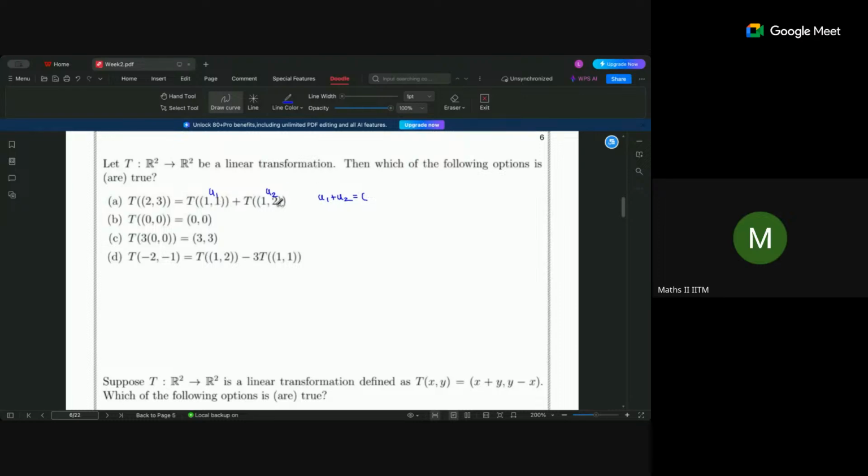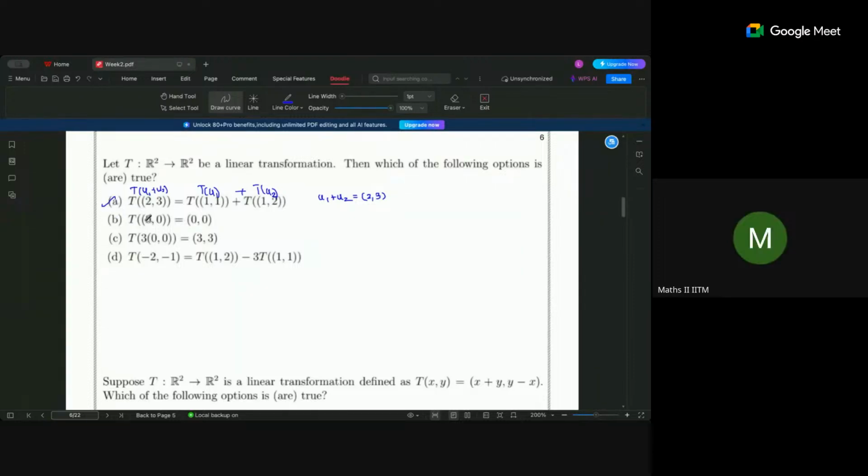It is 2 and 3. So this is T of u1 plus u2, which should be equal to T of u1 plus T of u2. If T is a linear transformation, then A is true or false?